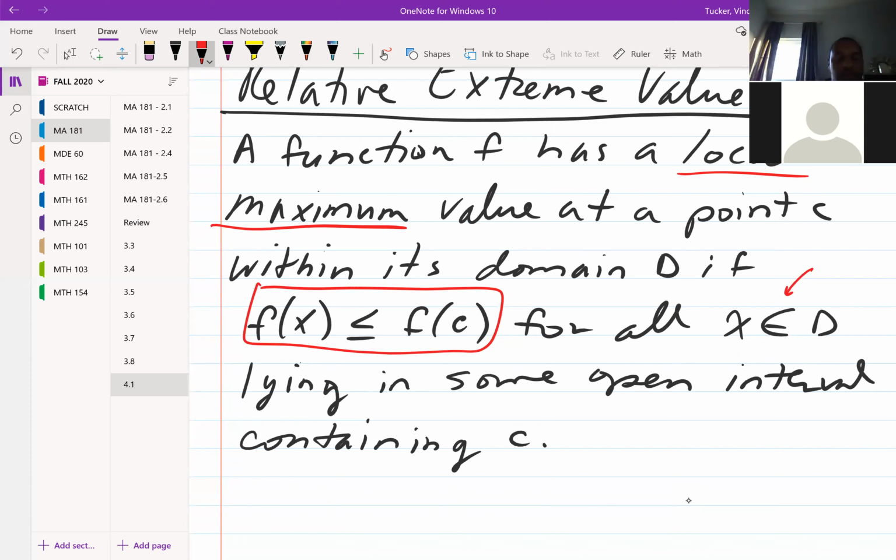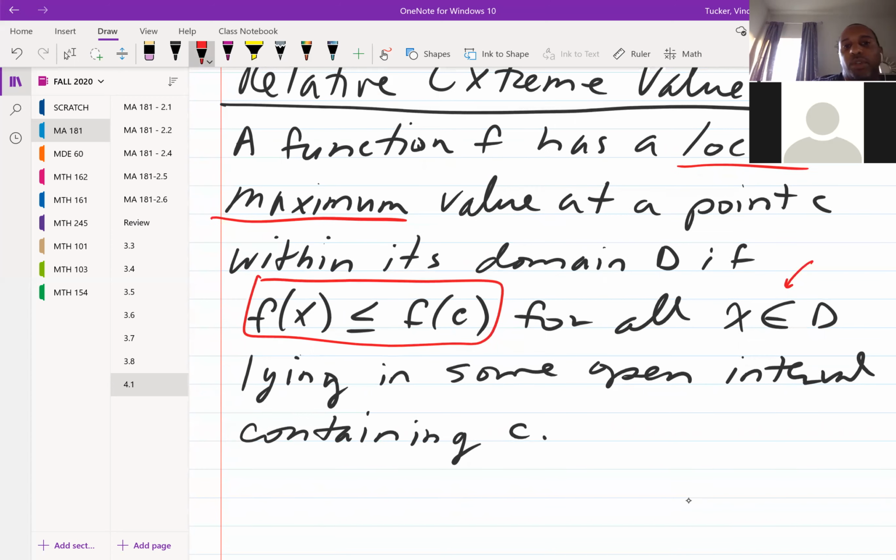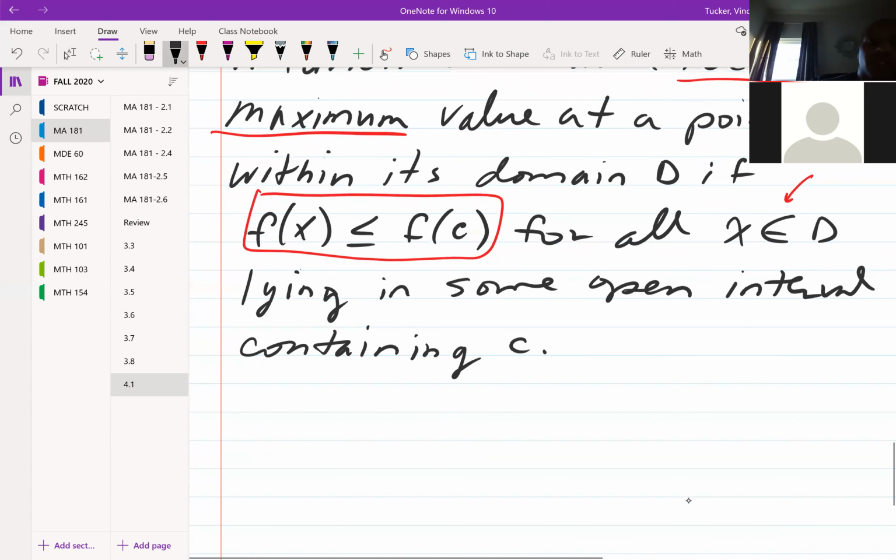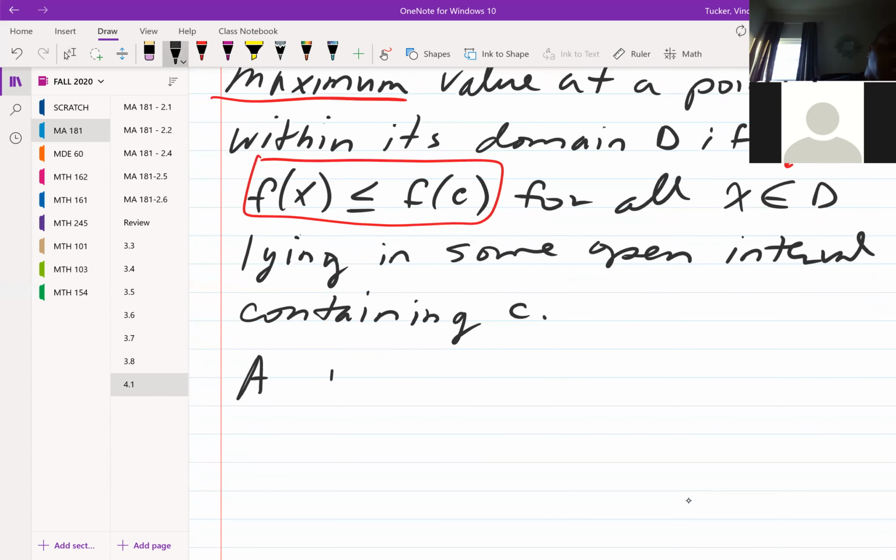You're talking about the maximum relative to an interval, like if you had a local store, that's the store that everybody goes to. So that's the maximum for that area. And then the minimum is the same thing, just that we're talking about the smallest value in that open interval.